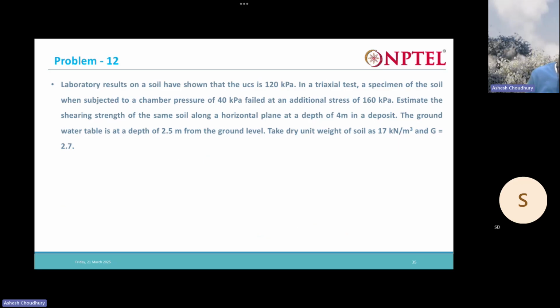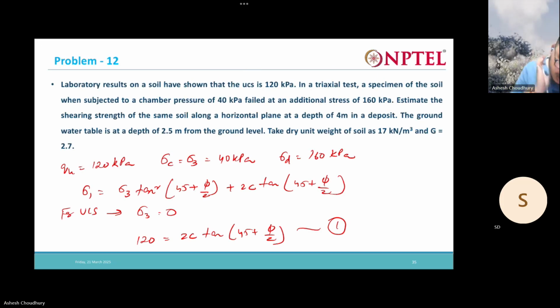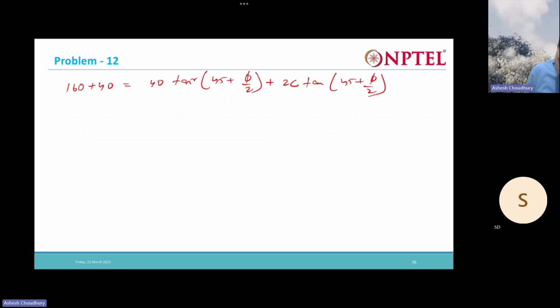Now next, from the triaxial test, I can write 160 plus 40 equal to 40 tan squared (45 plus phi/2) plus 2c tan (45 plus phi/2). So 200 equal to 40 tan squared (45 plus phi/2) plus 120.